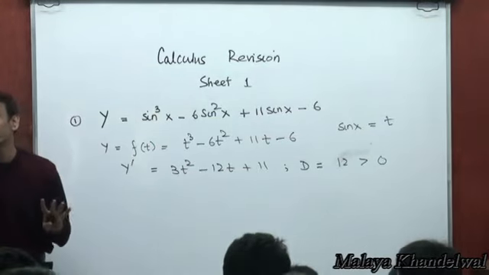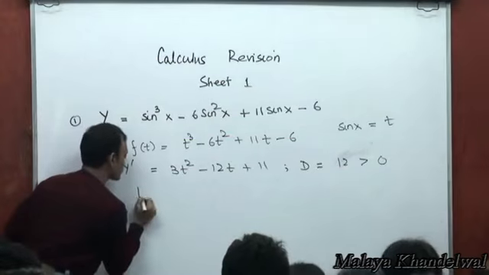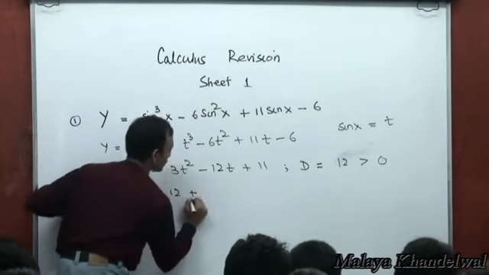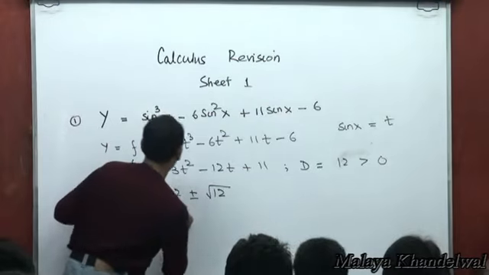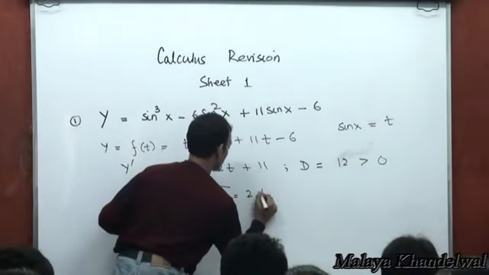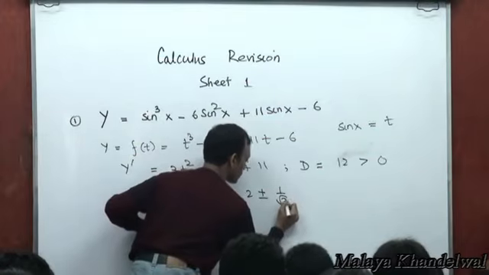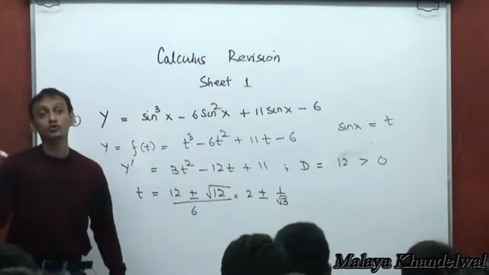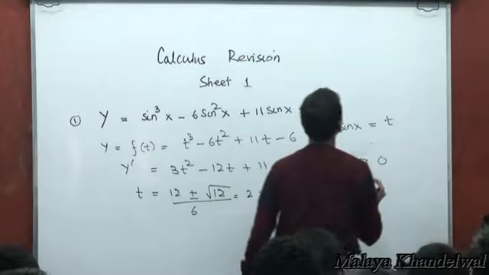That means it has two real roots. The two real roots are 2 plus 1 by root 3 and 2 minus 1 by root 3.